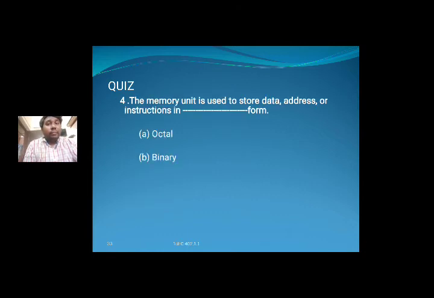And fourth one, the memory unit is used to store the data, address, or instructions dash in the form.